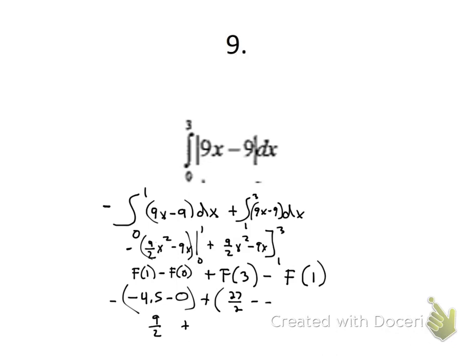Negative 9/2, right? So you see how those become plus positive? And 27 halves plus 9 halves is 36 halves, which is 18. 18 plus 4.5 would be 22.5 or 45 halves. Can you all just go in your calculators and type that in to make sure you can do a calculus?